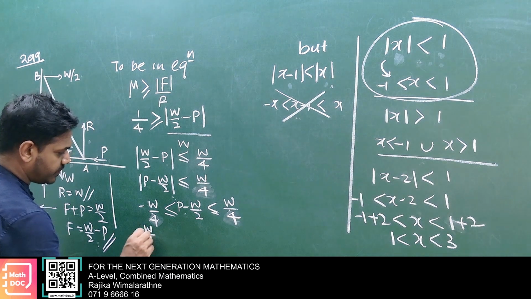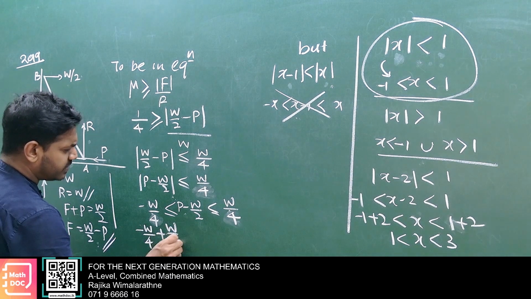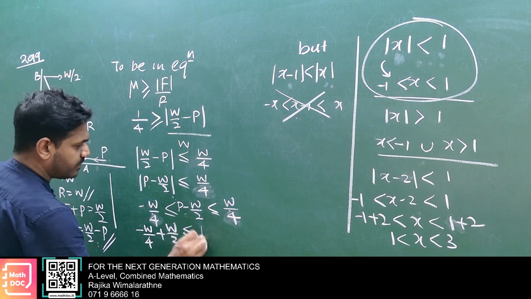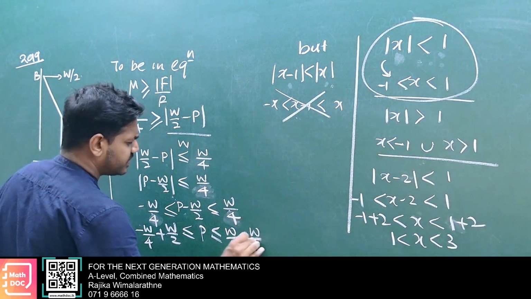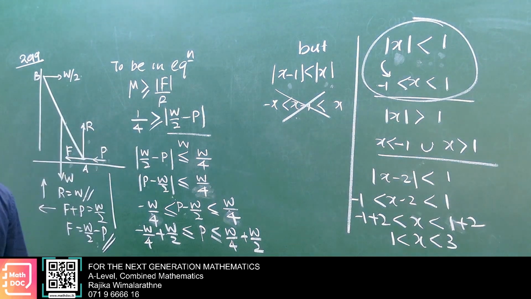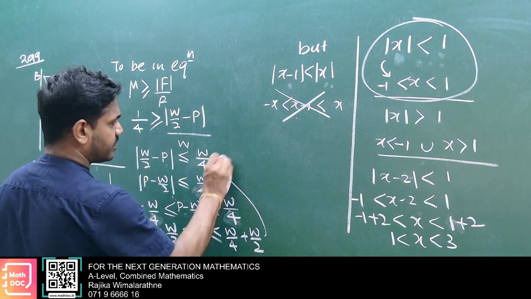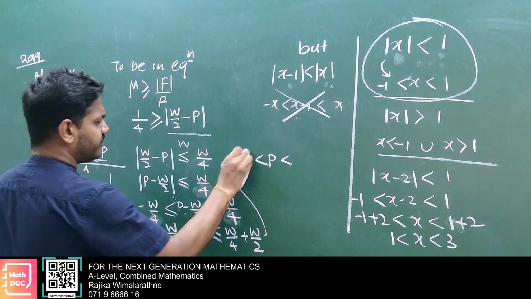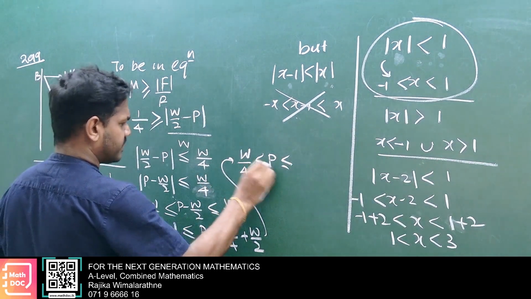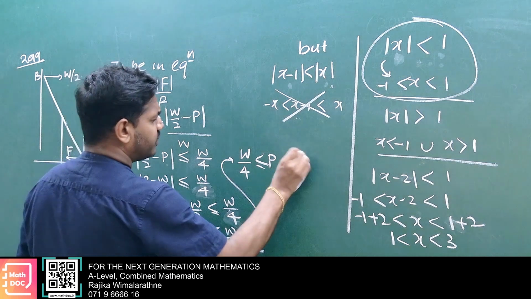Minus W over 4 plus W over 2, P, W over 4 plus W over 2. Now we can get the answer. Then P value is in between W over 4 and 3W over 4.